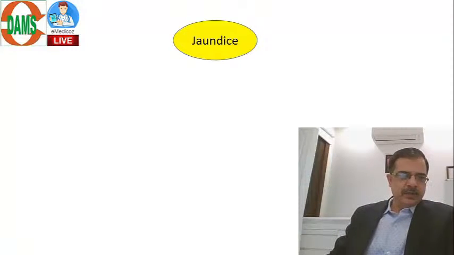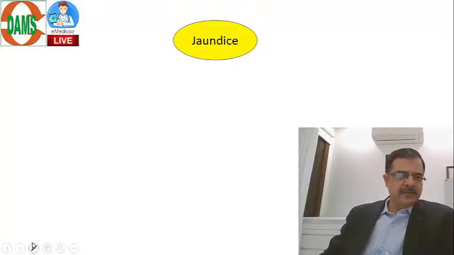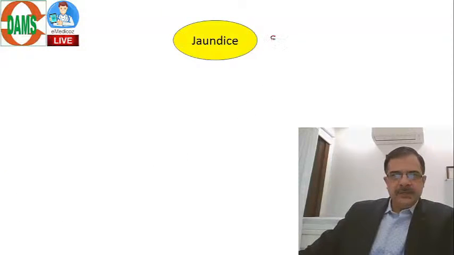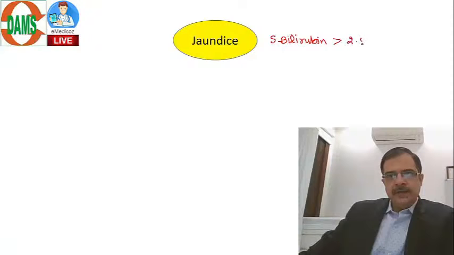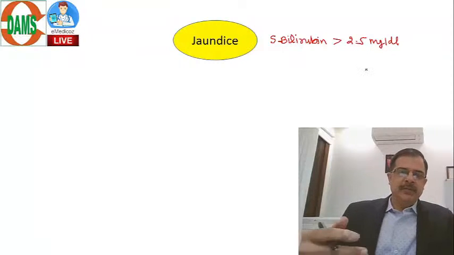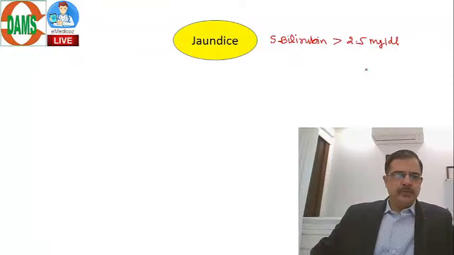So remember, jaundice occurs when the serum bilirubin is more than 2.5 milligram per deciliter, and it is the total bilirubin which is important to cause the jaundice.